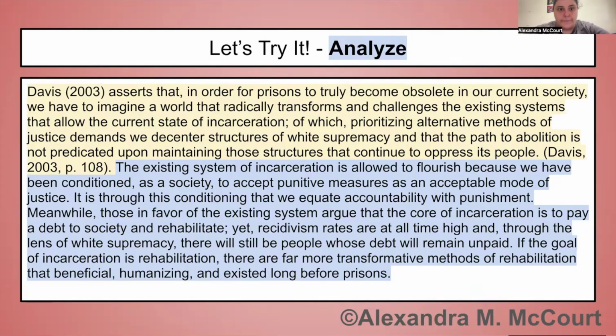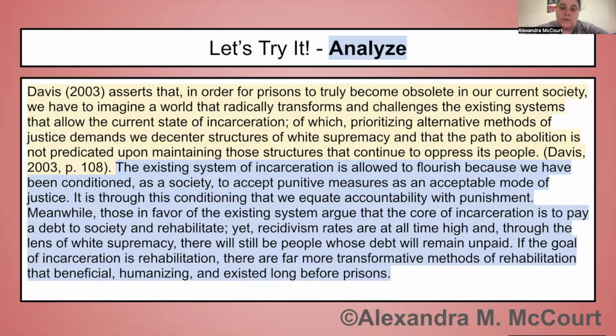Davis, 2003, asserts that in order for prisons to truly become obsolete in our current society, we have to imagine a world that radically transforms and challenges the existing systems that allow the current state of incarceration, of which prioritizing alternative methods of justice demands we decenter structures of white supremacy, and that the path to abolition is not predicated upon maintaining the structures that continue to oppress its people.